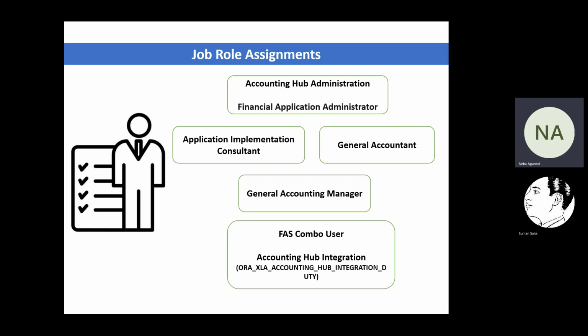We use the define accounting transformation configuration task in the setup and maintenance work area to integrate our external source system with the accounting hub. So to register our external source system and configure the accounting rule, the setup user must be provisioned with a role that includes the following duty roles: the application implementation consultant, and the accounting hub integration.